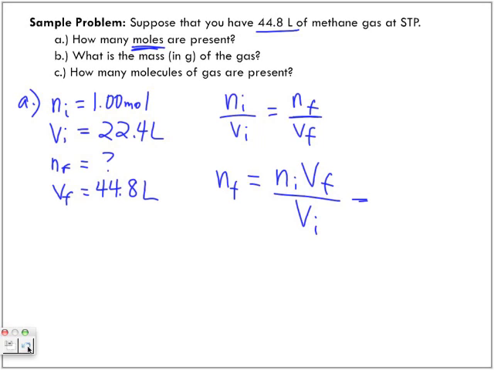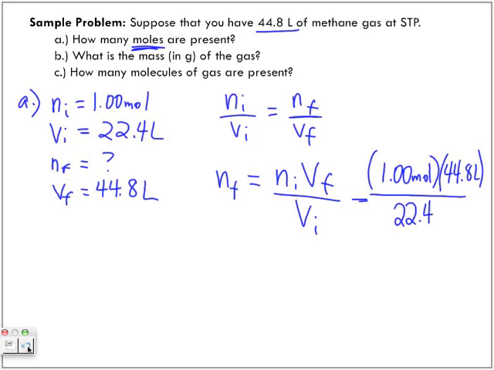So what do we get? 1.00 moles multiplied by our final volume, 44.8 liters, over our initial volume, 22.4 liters. Notice liters cancel out. When we multiply these, we get 2.00 moles. Now, does that make sense?